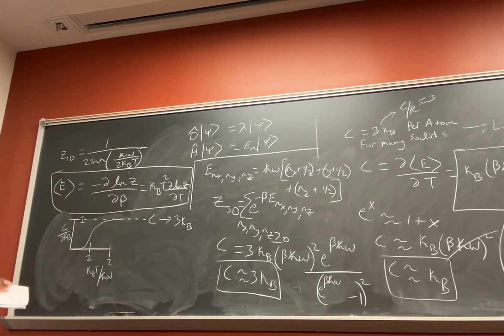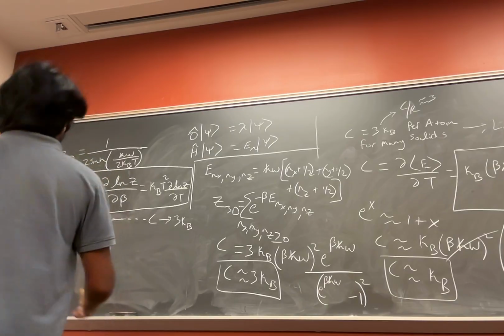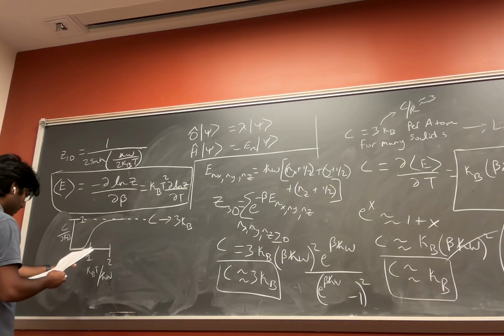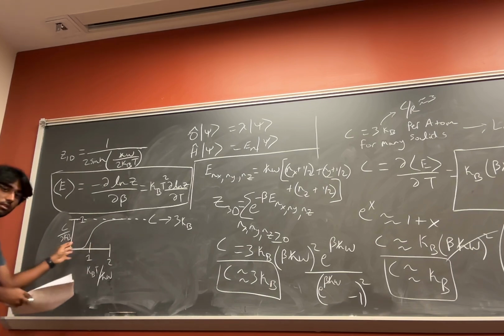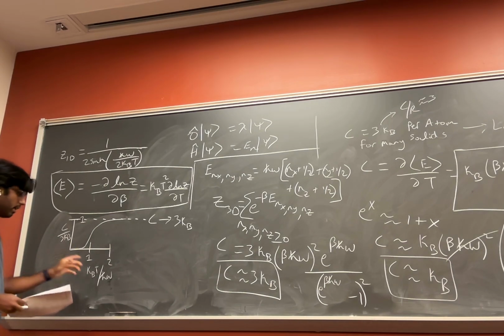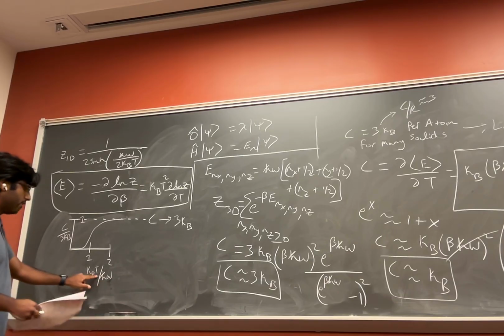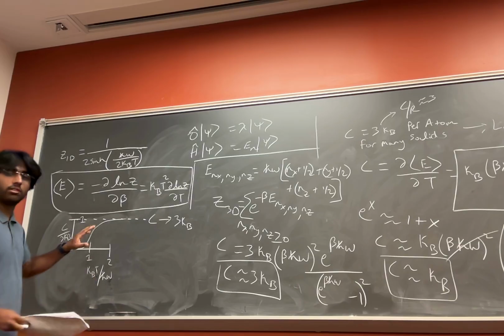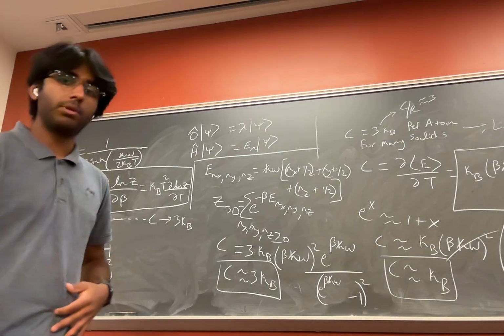However, in materials like diamond with extremely high omega values, we see that the heat capacity actually sort of drops, right? So if we have high omega at room temperature, we see that the value actually still deviates from the law of Dulong Petit.